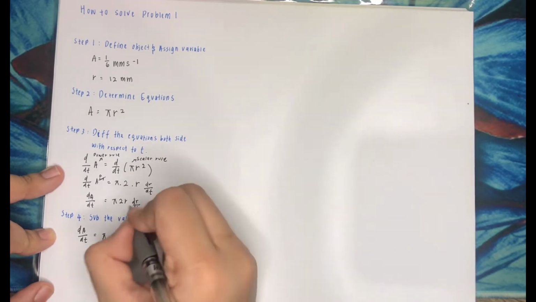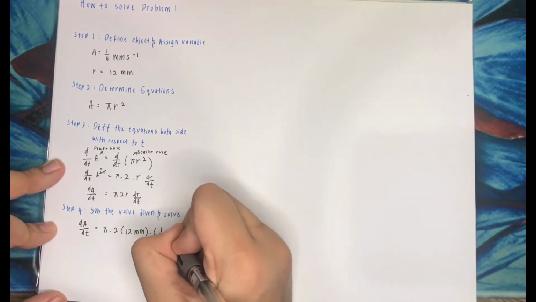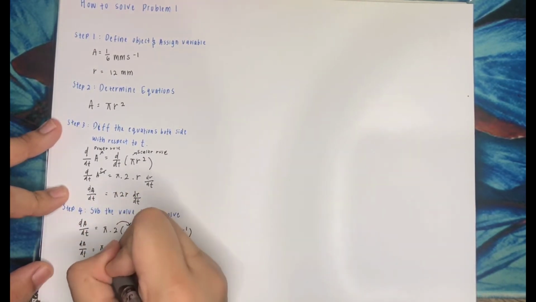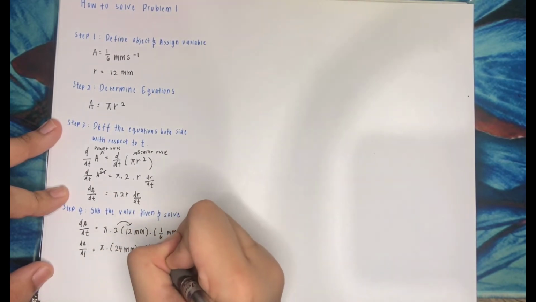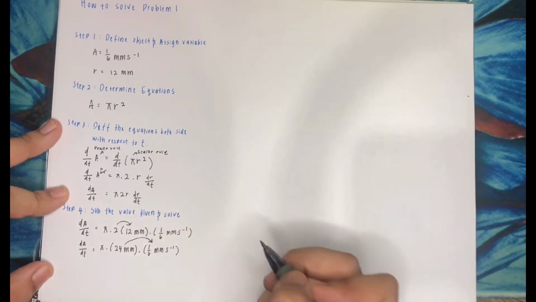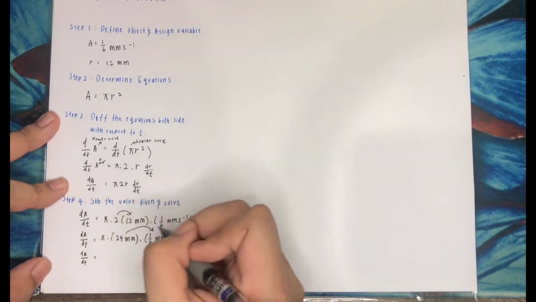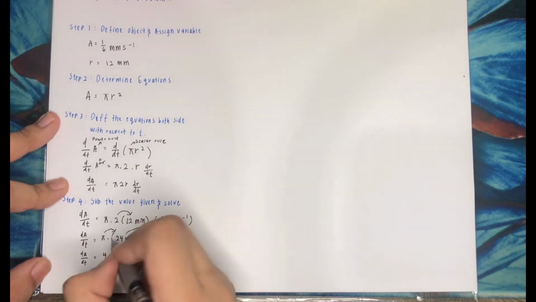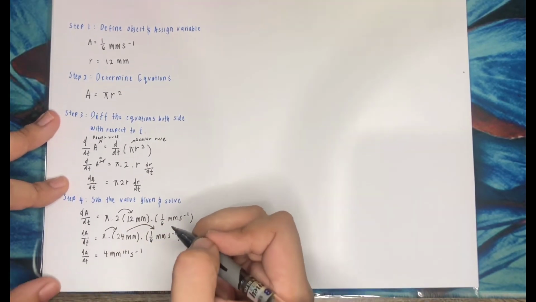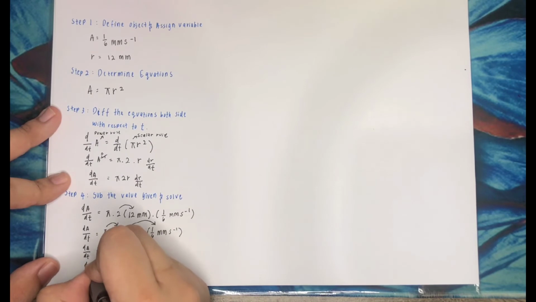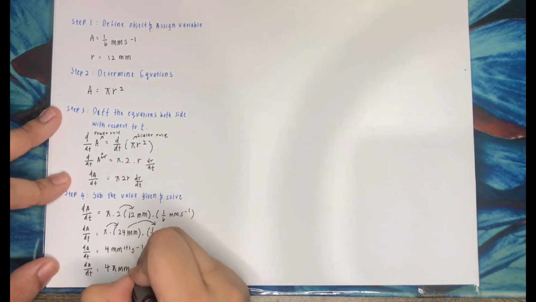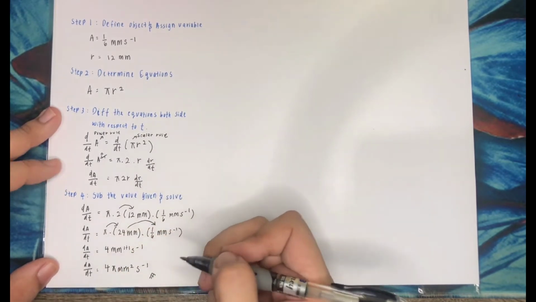For the last step, substitute the values given and solve. dA/dt equals pi times 2 times 20 mm times 1/6 mm s^-1. So dA/dt equals pi times 40 mm times 1/6 mm s^-1.